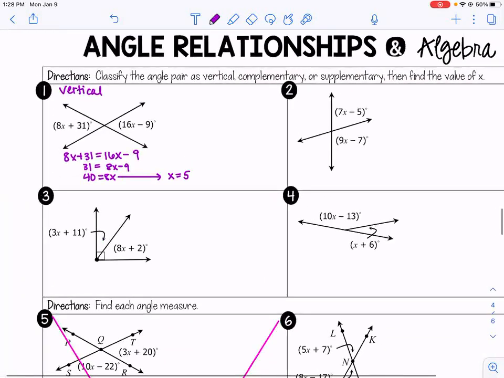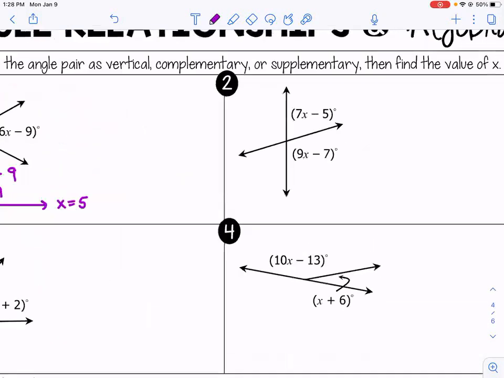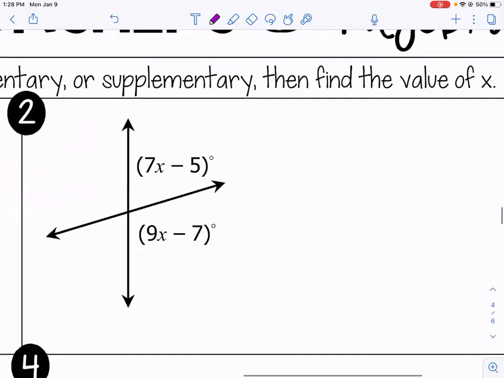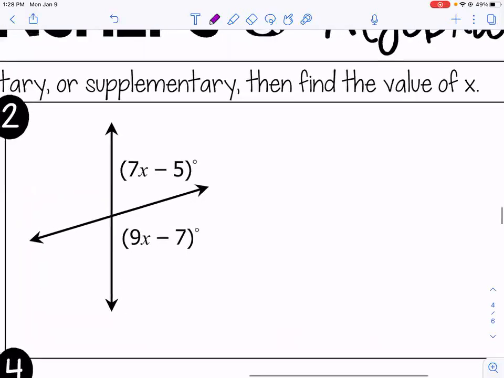Okay, so let's look at, I'm gonna let you pick, Aiden. Number 2, 3, or 4? Number 2. Reagan, what is true about these two angles right here? They're supplementary.